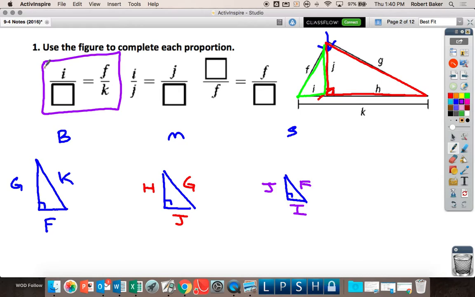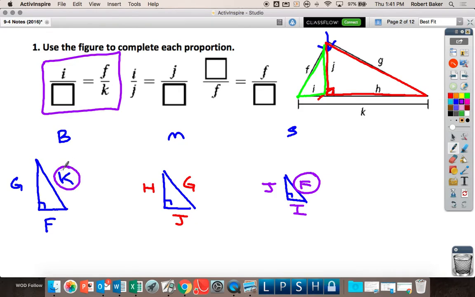Do you see where an F and a K are on the same side of a triangle down there at the answer key? Yes. Which ones? F hypotenuse. So the F for the small triangle and the K for the big triangle are in the same location. So they're doing hypotenuse over hypotenuse.